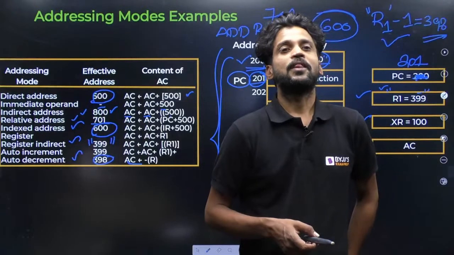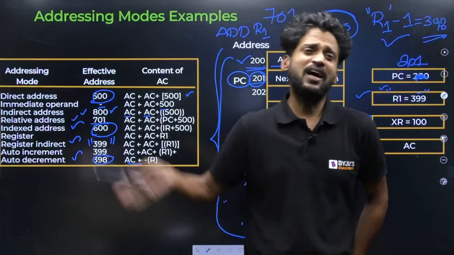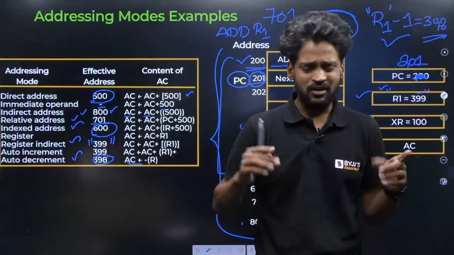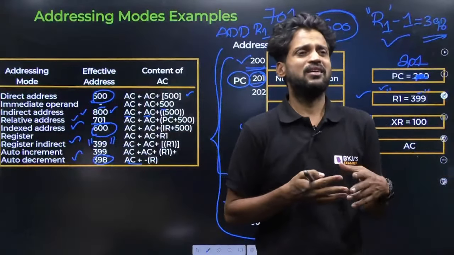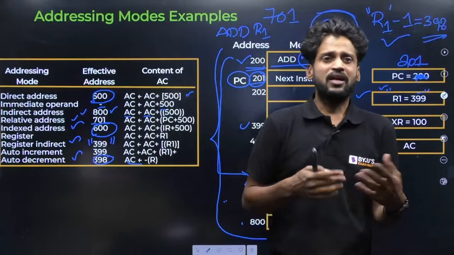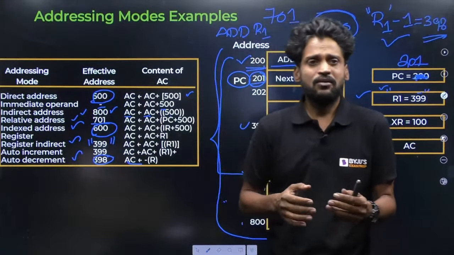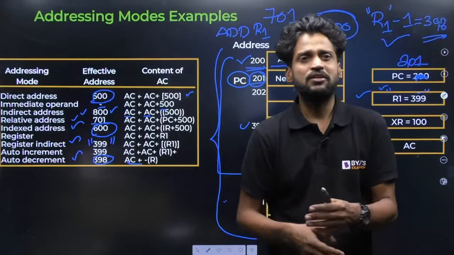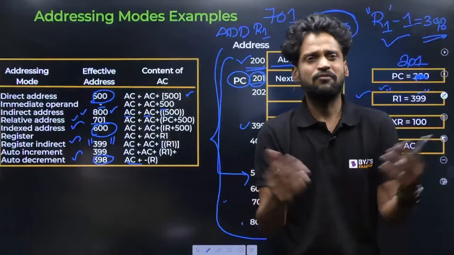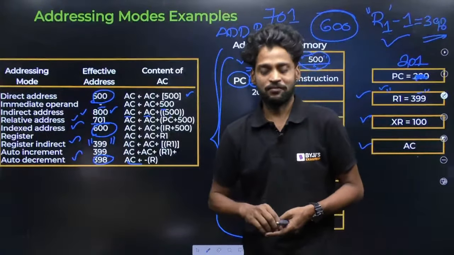Now let us say you have many questions. Why do I need to have these addressing modes? If I do have a direct addressing mode, can't I have it done? Wouldn't that be sufficient to implement in the computer system? There are a lot of questions. Understand something.